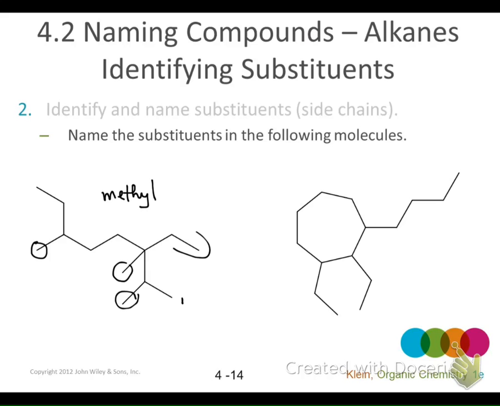And then I'm going to do that, and that's an ethyl. Now I'm numbering the chain from the bottom right to give the most number of substituents. So 1, 2, 3, 4, 5, 6, 7, 8.